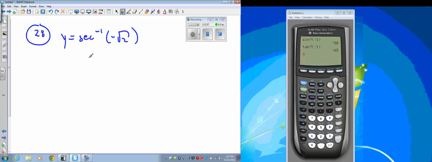Secant's 1 over cosine, right? So to get the square root of 2, the angle you'd have to have is something that gave you the square root of 2 over 2, right?